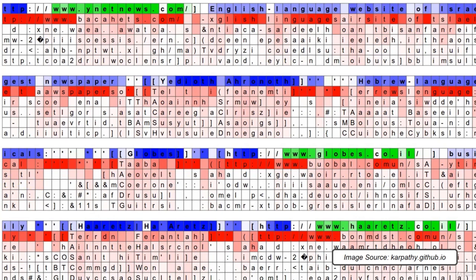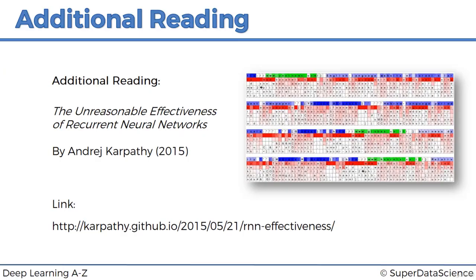So hopefully this is helpful to show you what's going on inside the neural network when it's thinking and when it's processing information. In terms of references and additional reading, we've got the Andrei Karpathy blog, and we'll link to it in the resources for this course. This is the URL otherwise.